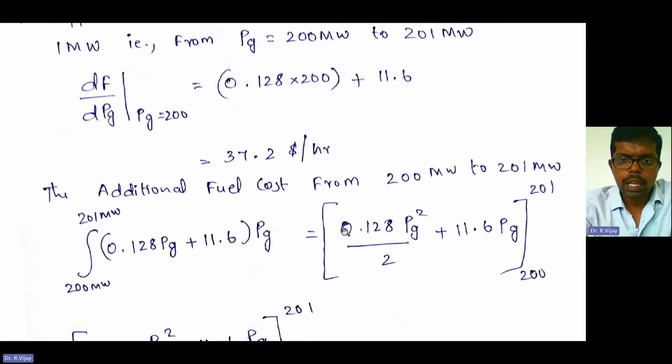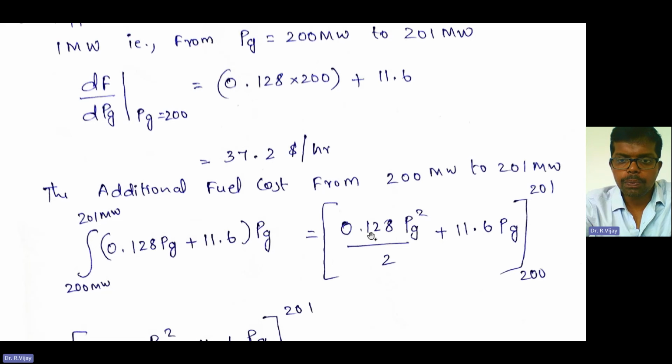Whatever the value here, that is 0.128 PG, we need to integrate. That is 0.128 PG squared divided by 2 plus 11.6 PG. So the differentiation becomes integration.